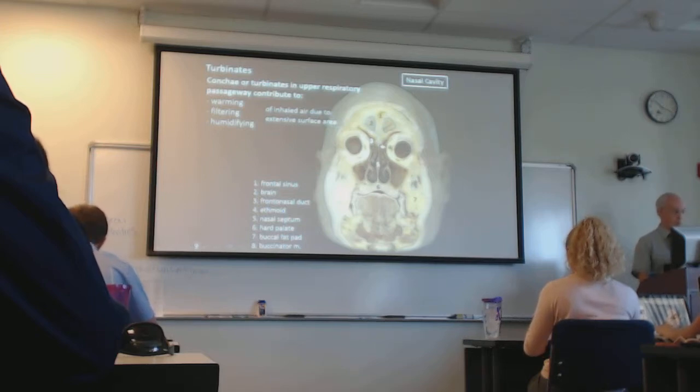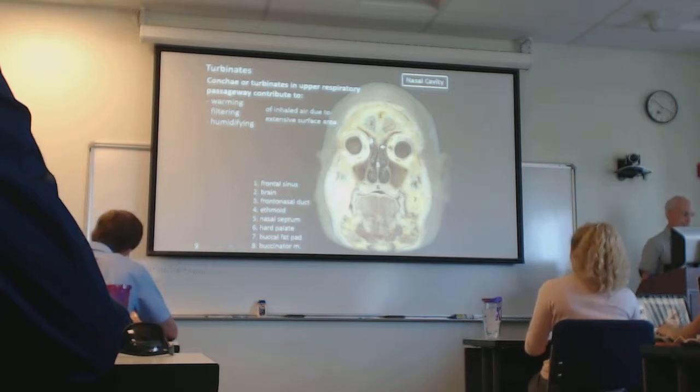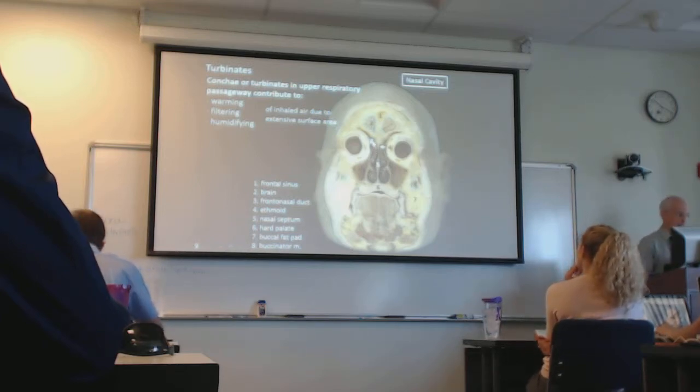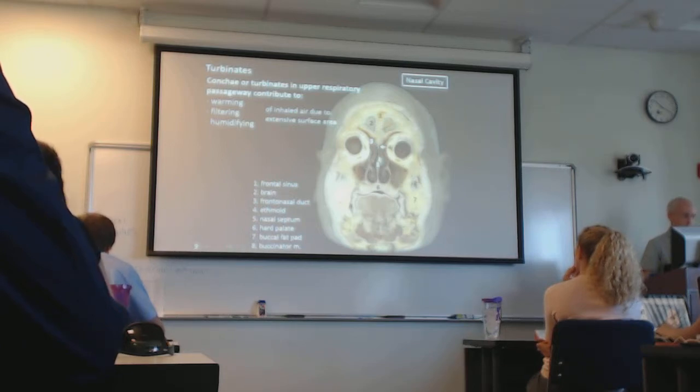This is a portion of the frontal lobes of the brain. This is the frontonasal duct. In this region, remember these sinuses are draining for the most part into the nasal passageways. You can see a portion of the ethmoid bone there, that perpendicular plate.